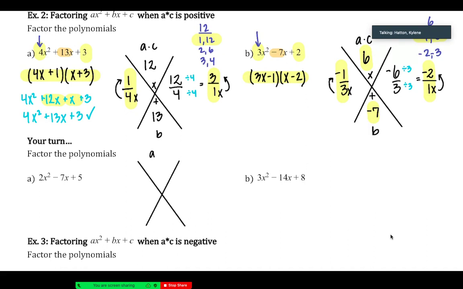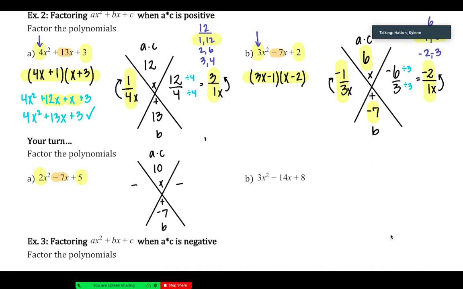So A times C on top, which for this one is 2 times 5, so 10. B on the bottom, which is negative 7. Now we need numbers that multiply to 10 but add up to negative 7. Remember, if they're multiplying to a positive number but adding up to a negative number, they're both going to be negative.